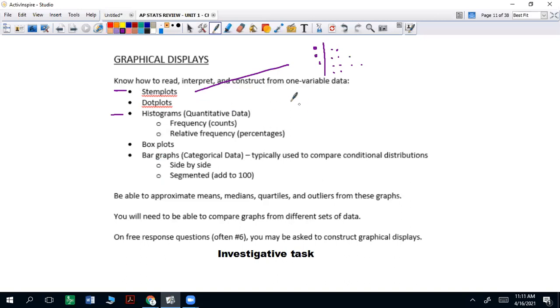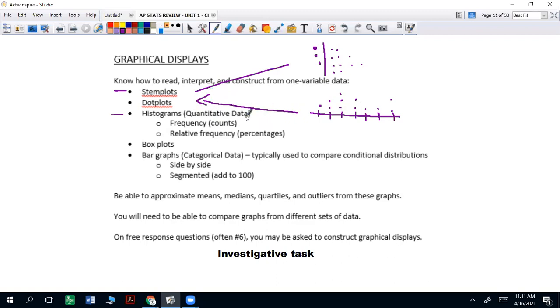Dot plots are the most basic of them. You see a lot of dot plots in some of the lessons we do, because we have this many here. I'm just throwing out some random dot plots, but knowing what a dot plot looks like and how to interpret and analyze that data and make some sense out of it, that's important too.